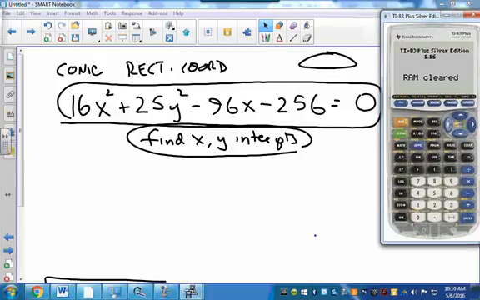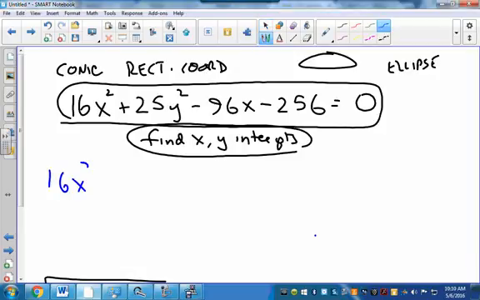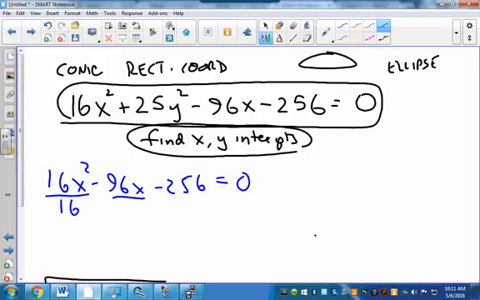So, x-intercepts make y 0. 16x squared minus 96x minus 256 is equal to 0. Right? So you could do that on your calculator if you like. If you're factoring, it would probably make sense to get rid of the factors of 16.